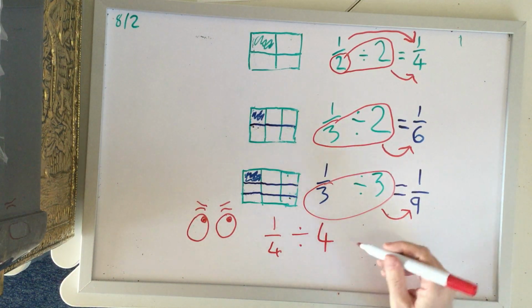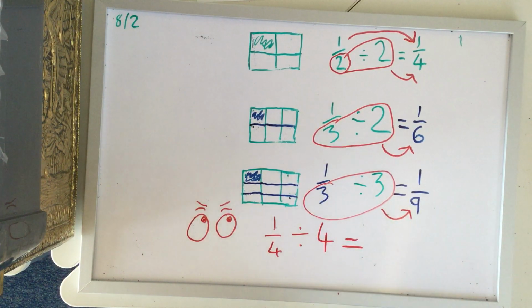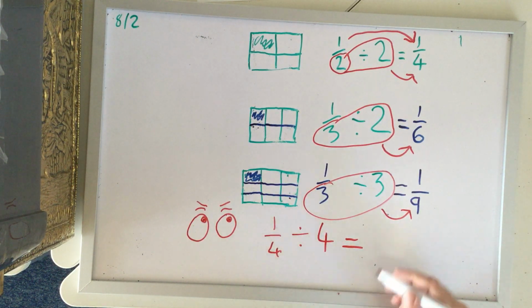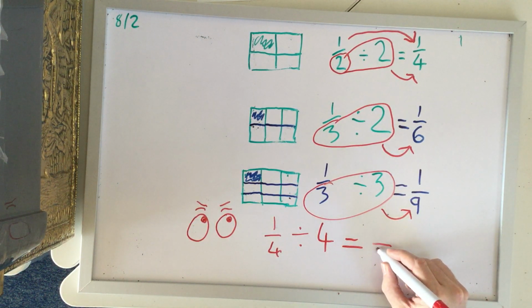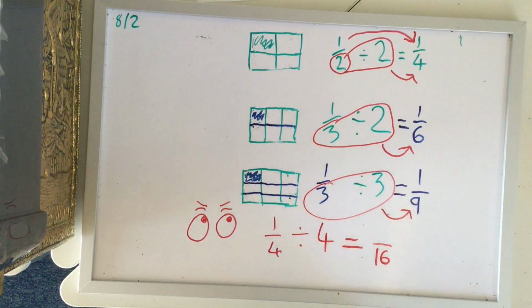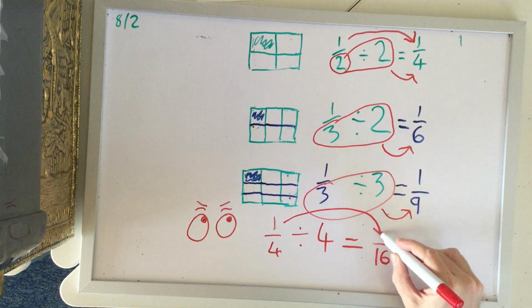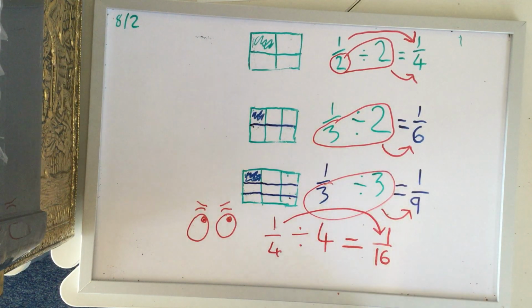Have a think to yourself, what do you think it's going to be? What's that relationship? We've got a 4 and a 4, so if we multiply those together, that's going to give us our denominator, 16, and then our numerator comes back over the top: 1/16. Okay, and that's working with unit fractions.